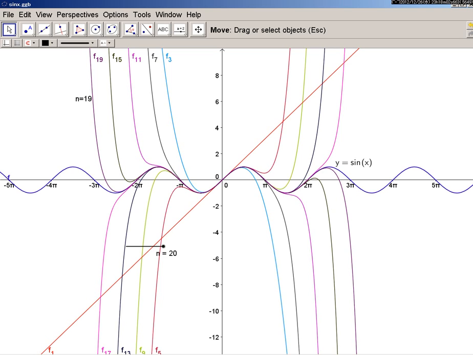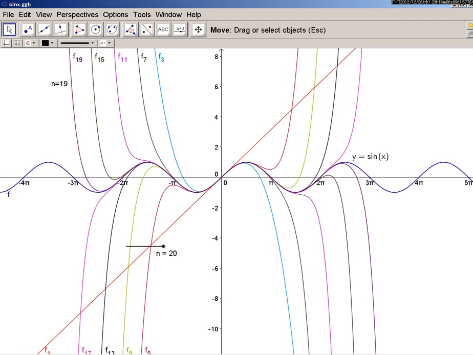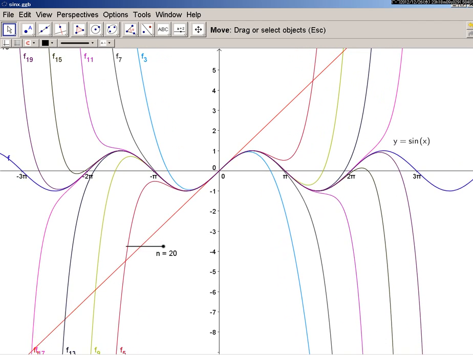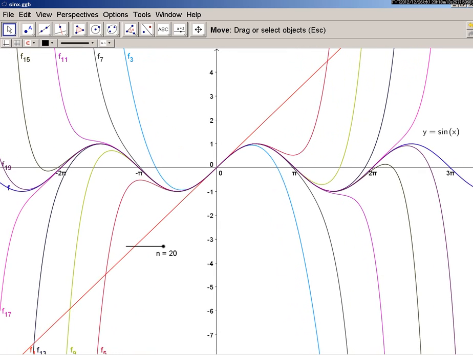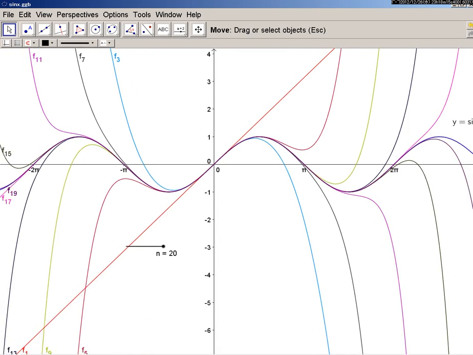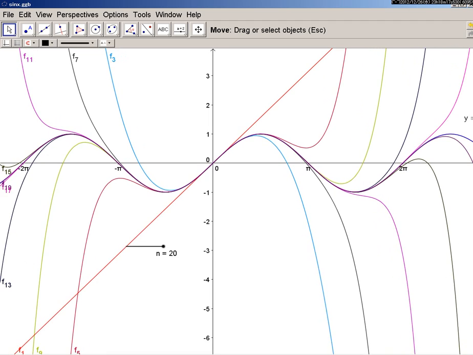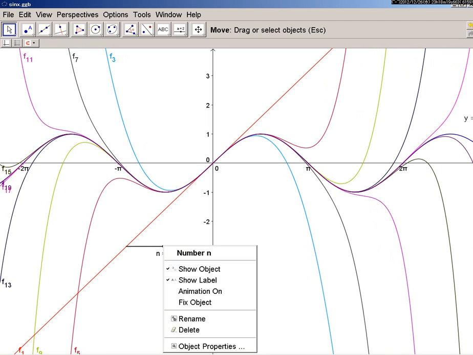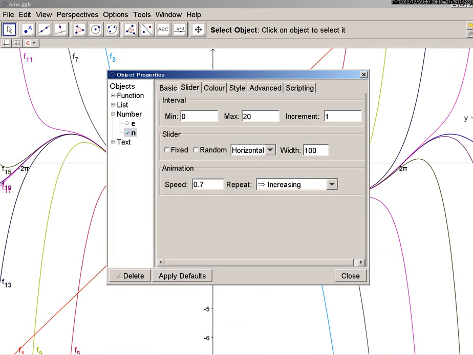Actually, it converges from minus infinity to infinity. And you can magnify these graphs very easily with GeoGebra. If you want to see more terms, you can easily change the limit of n from here, interval max.